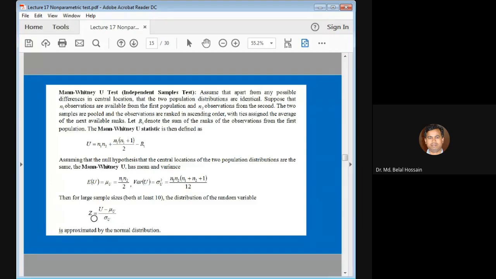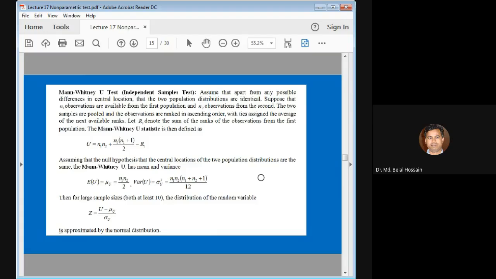So if the z calculated is greater than the z tabulated, null hypothesis is rejected. What is your null hypothesis? Null hypothesis is the central locations of the two distributions are the same. What is the alternative hypothesis? Alternative hypothesis is that the central locations of the two distributions are different.